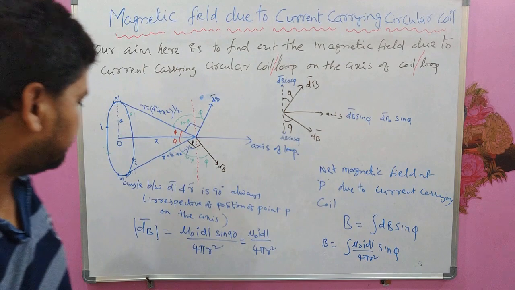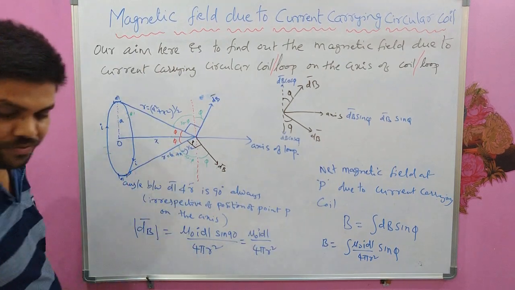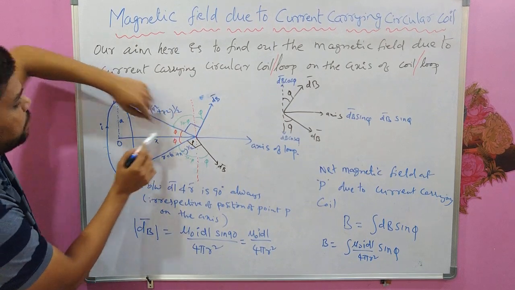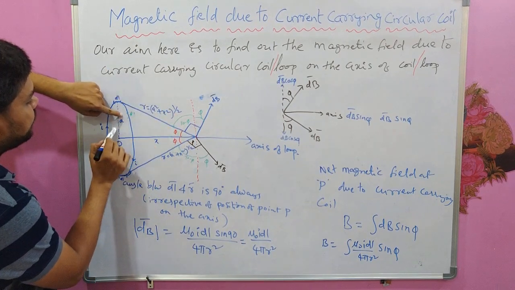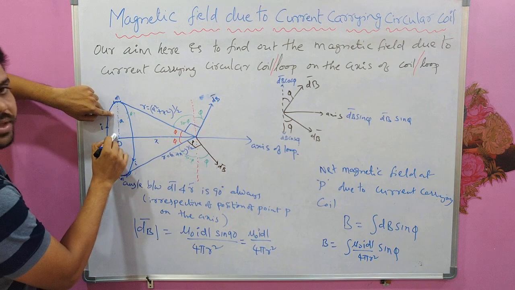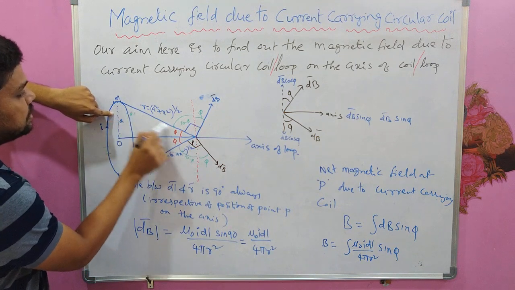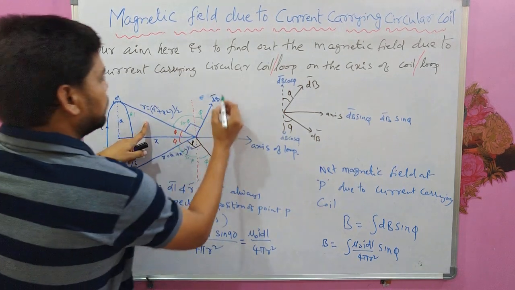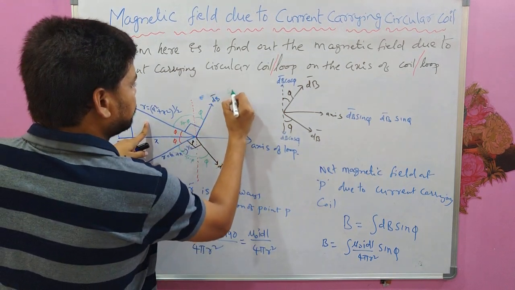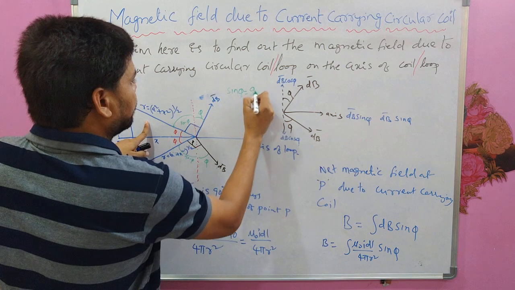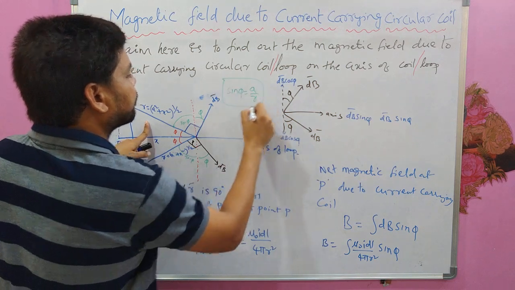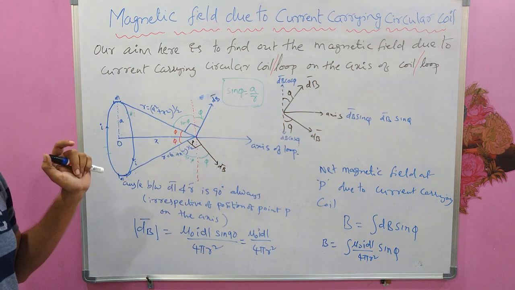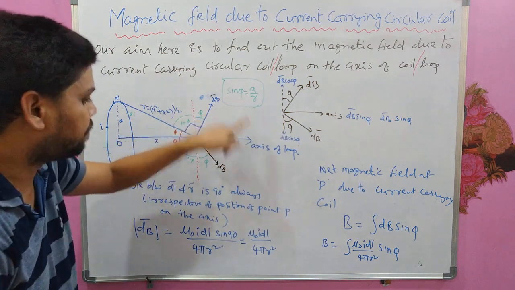And what is sin phi from this picture? This is phi. A is the opposite side and R is the hypotenuse, and from here we can write that sin phi is A by R. So now we substitute this sin phi in this formula.